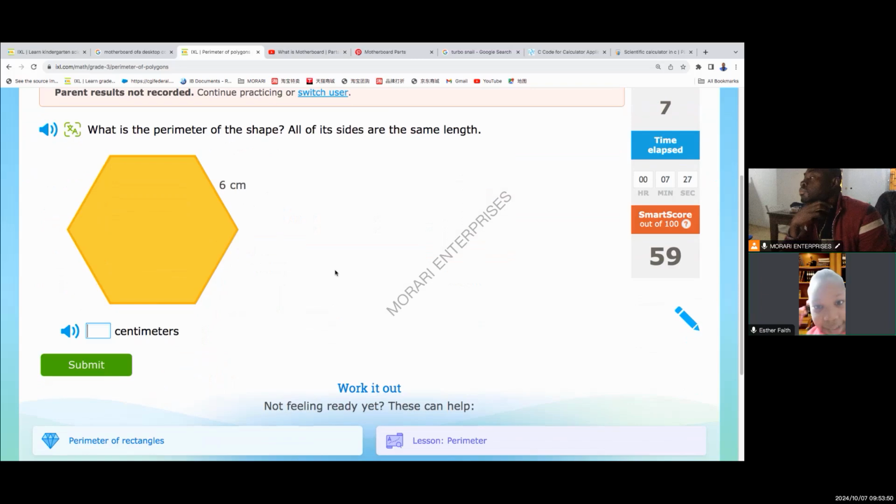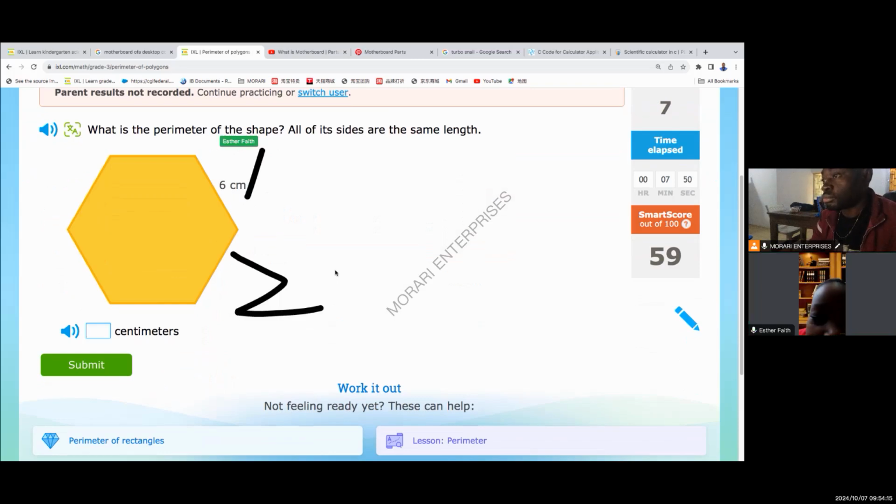Okay, what is the perimeter of the shape? All the sides are the same length. Did you say all the sides? It did not say all the sides. There's no "the" there. Oh, all of its sides are the same length.